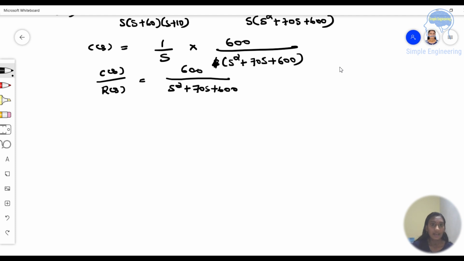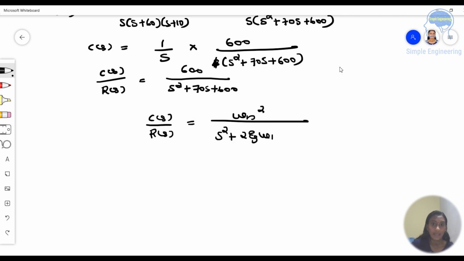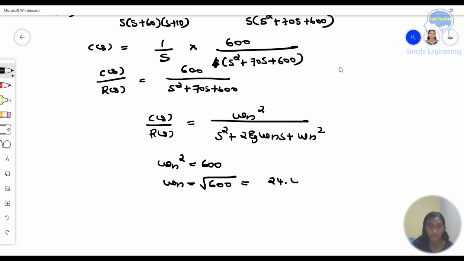Next, we know our standard formula for a second order function, C of s by R of s is equal to omega n square by s square plus 2 zeta omega n into s plus omega n square. Comparing these two equations, omega n square is equal to 600. So omega n will be equal to root of 600, which is 24.49 radians. This is your natural frequency omega n.